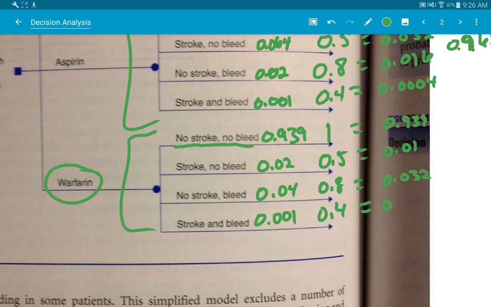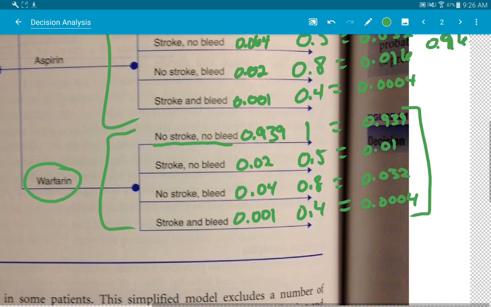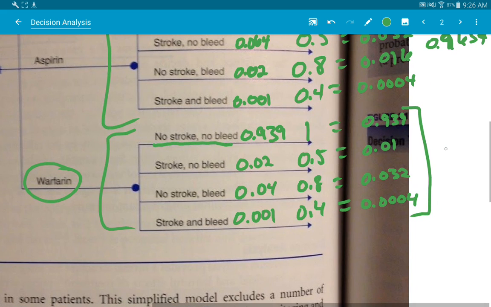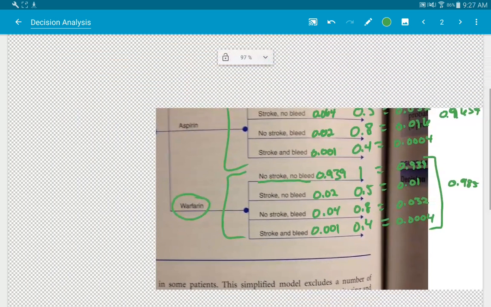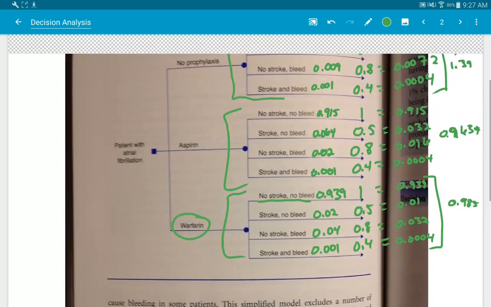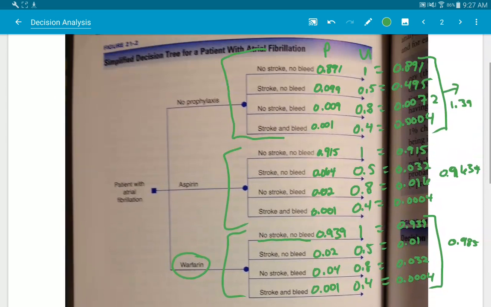And then 0.0004, so 3 zeros. Okay. And then what's my sum of these guys? 0.985. Okay. All right. I don't know if our number was right. Let's come back to that number and just double check. See if you can add that up.